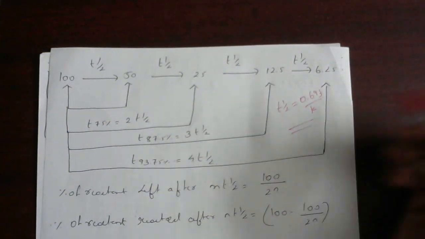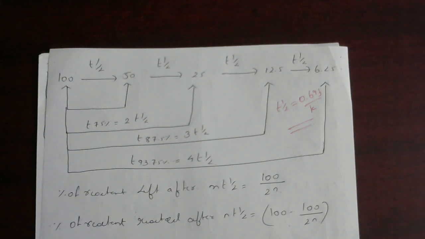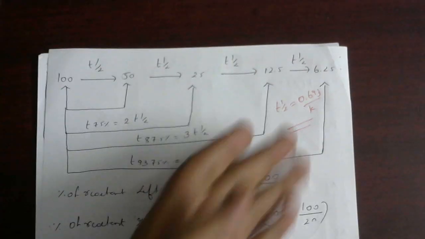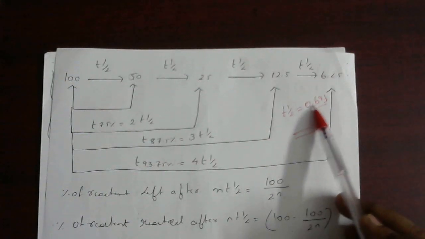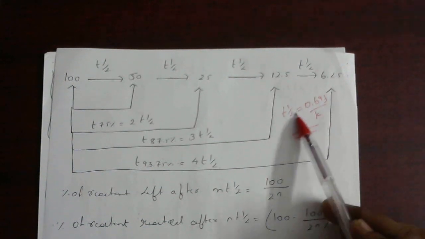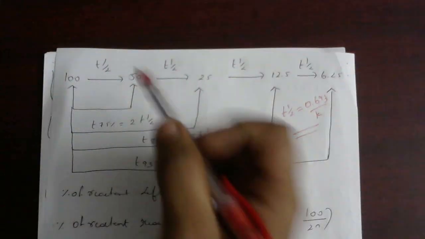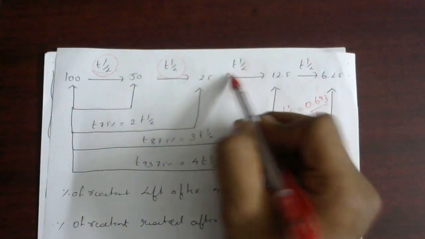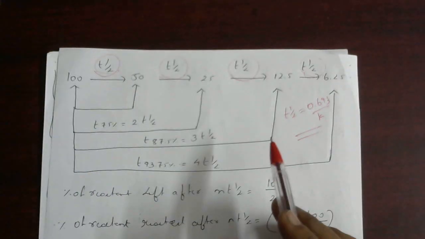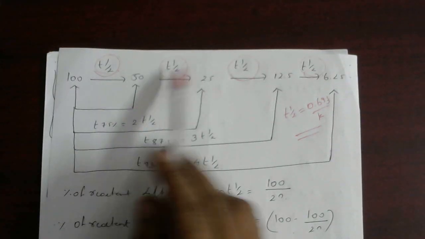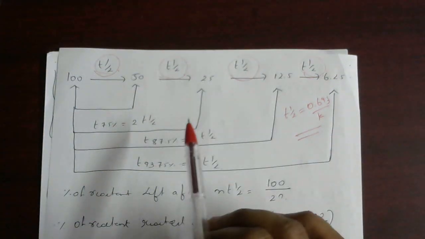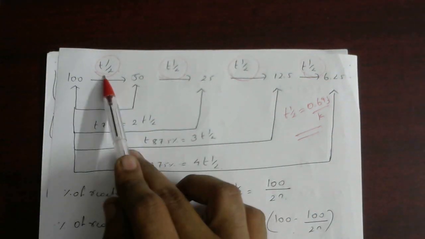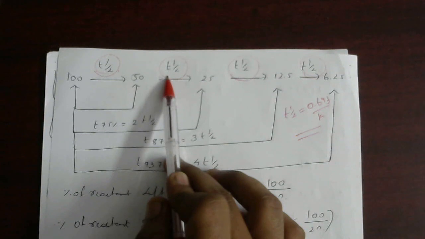This is the t half value we got in the first order reaction, and it is independent of initial concentration. So directly we can keep here all the cases t half. Most of them will be multiplying 1 t half, 2 t half, 3 t half. It's not like that. 100 to 50 is t half, 50 to 25 is t half.